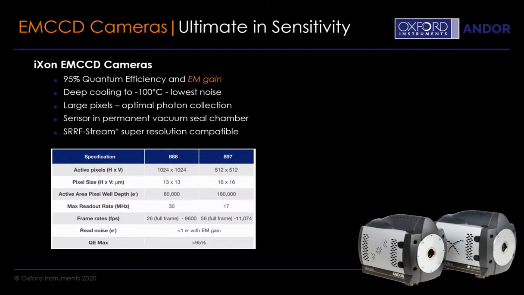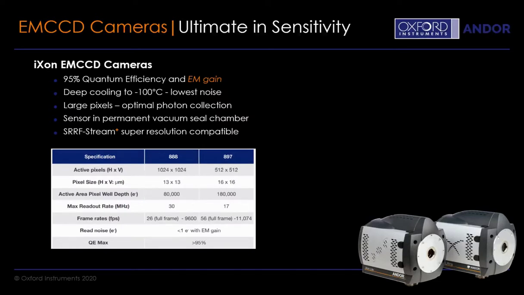Less well mentioned with EMCCD cameras is that they have large pixels, and that allows them to collect more photons per pixel and allow for that better signal to noise ratio from the camera. And also the sensors in this case are in permanent vacuum sealed chambers to help allow them have that very low cooling and long-term stability.